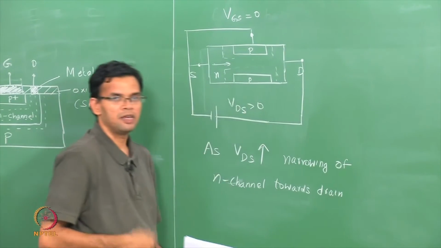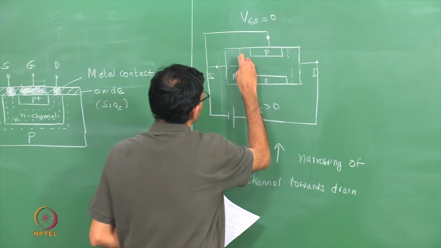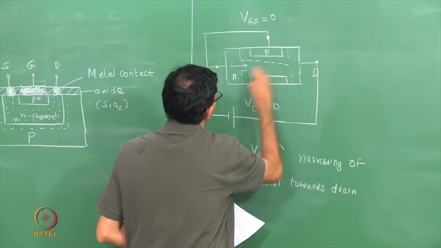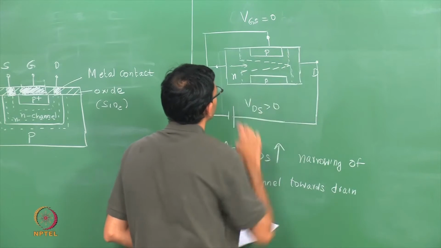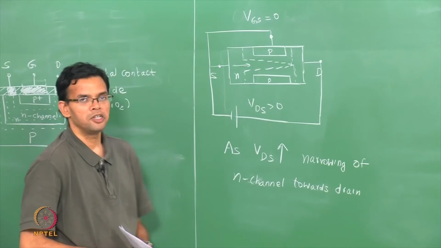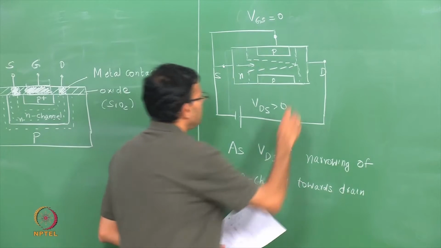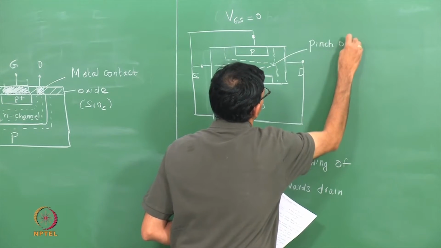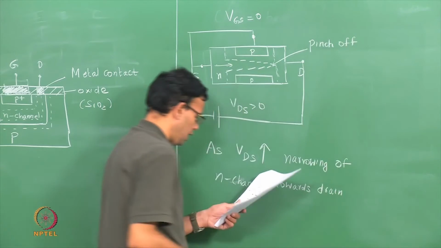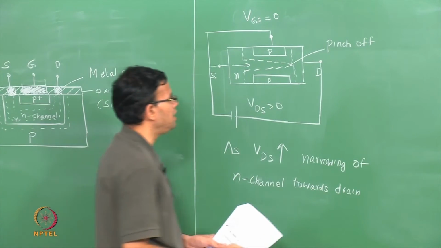We can show that schematically on the same plot. So your N channel has essentially pinched off here, at high values of VDS.